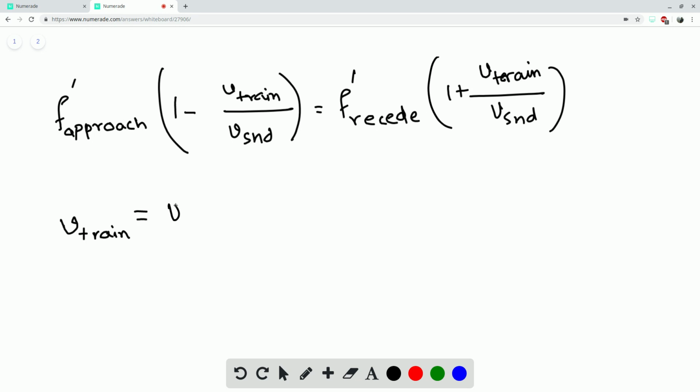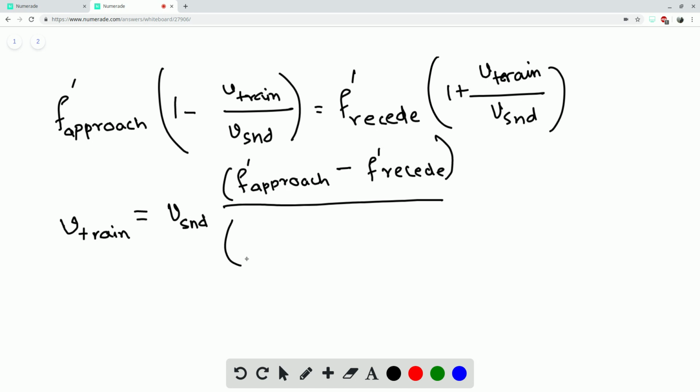So it's going to be the speed of the sound wave, times f prime approach minus f prime recede, divided by f prime approach plus f prime recede.